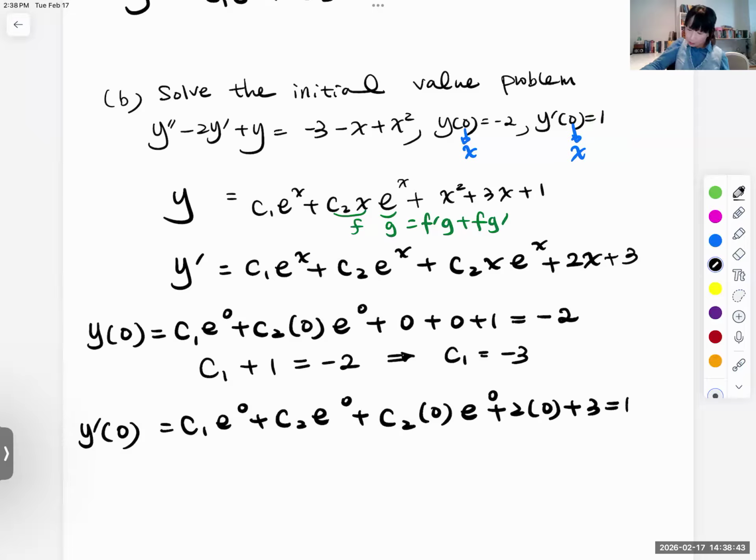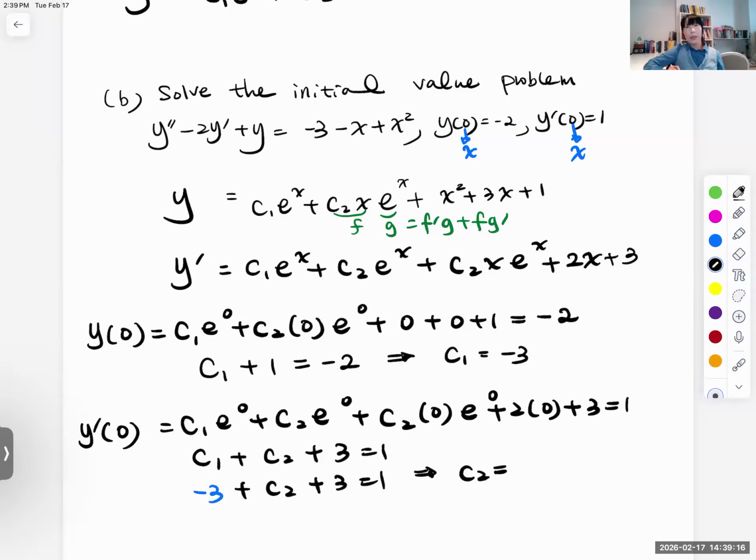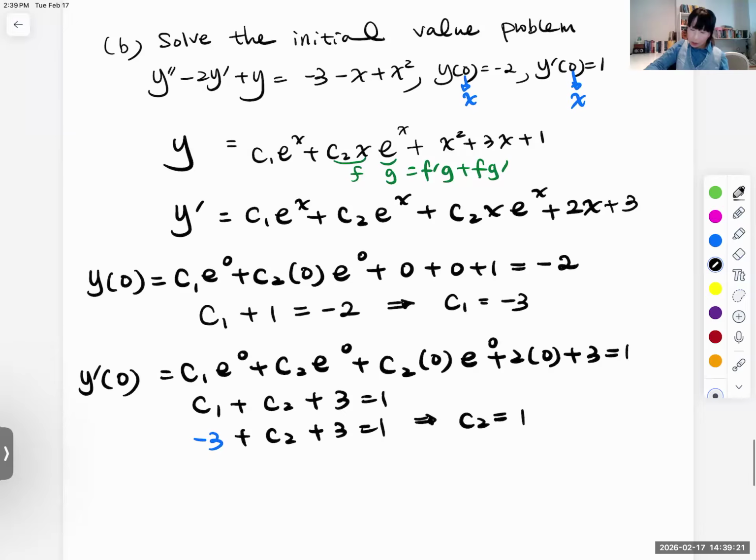So it's 1. Okay. We get c sub 1 plus c sub 2, and the third term is 0, and 2 times 0 is 0, plus 3 equal to 1, right? Okay, now c sub 1 we knew is -3, plus c sub 2. Okay, then c sub 2 will be 1 then, yeah?